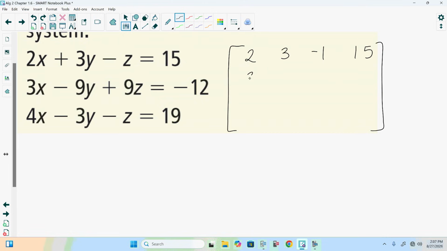Second row would be 3, negative 9, 9, negative 12. And the last row would be 4, negative 3, negative 1, and 19. This is still a 3 by 4.